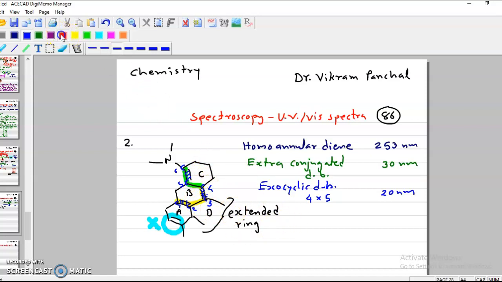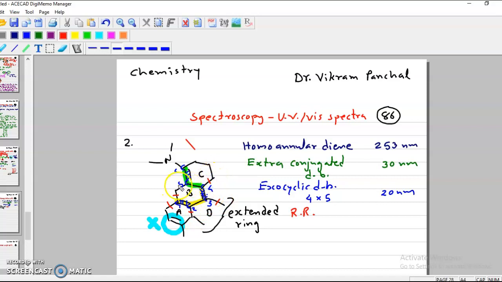Next is substitution. First of all we will see alkyl substitution, ring residue. We start from here. This is a ring residue for C1. This is also a ring residue for C1. For C2, this is a ring residue. Next is C3. This one is a ring residue for C3. Now for C4, we can consider this as a ring residue.